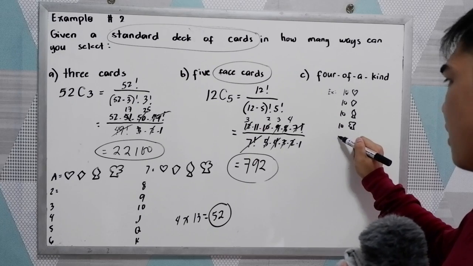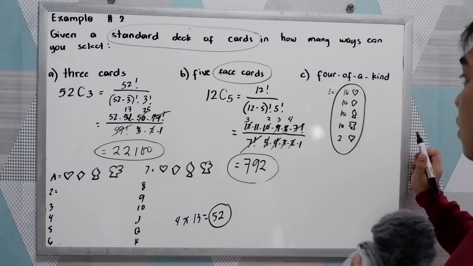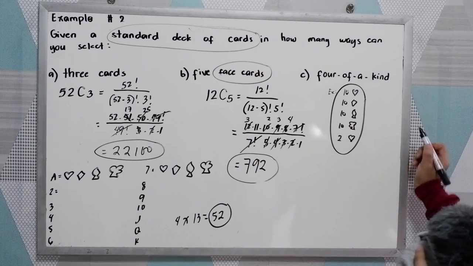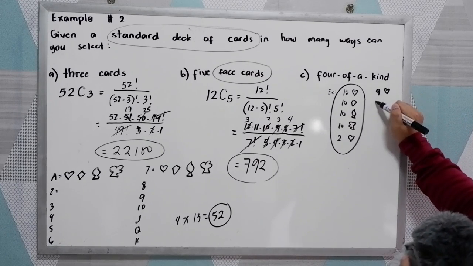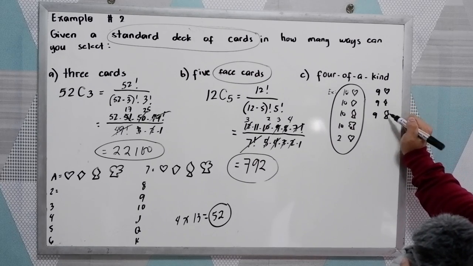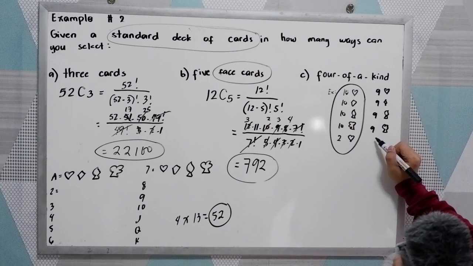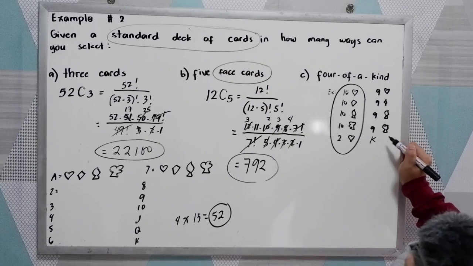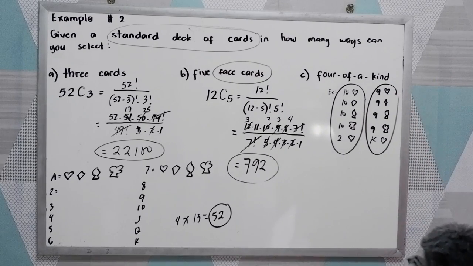So any different card, it can be 2 of hearts. So a set of 5 cards. Another is it can be 9 of hearts, 9 of diamonds, 9 of spades, 9 of clubs, and any different card, let's say King of Hearts. Okay, that is 4 of a kind.